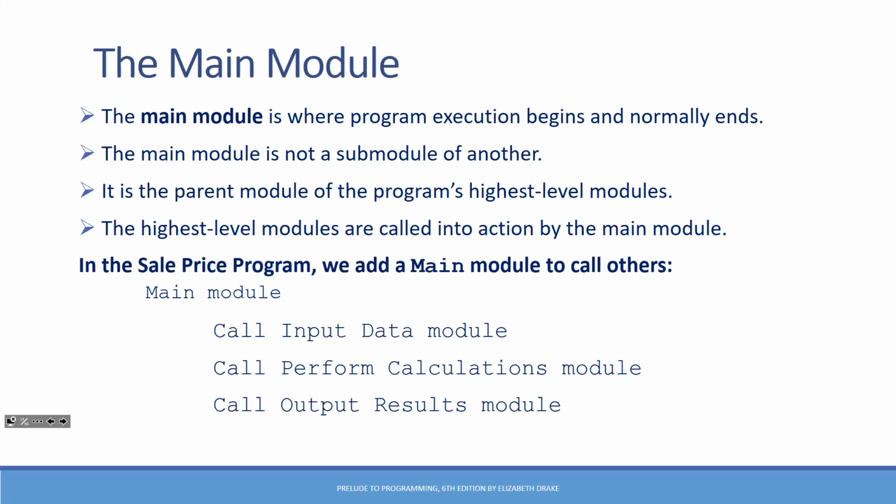It's not a submodule of another module. It's on its own. It's the parent. It's at the highest level. So our input data module, our perform calculations module, and our output results module are all going to be called by our main module.